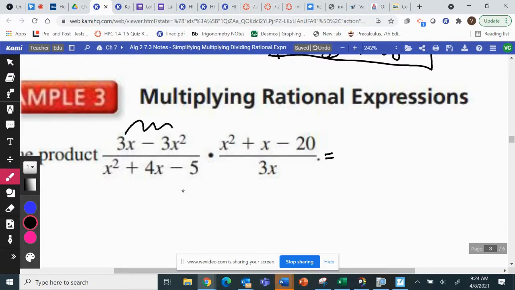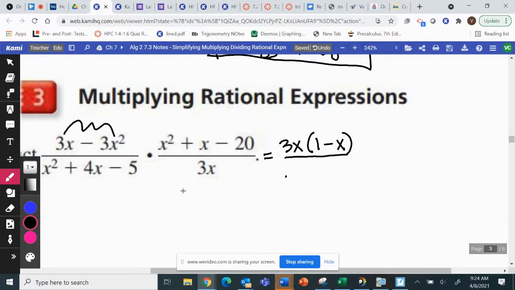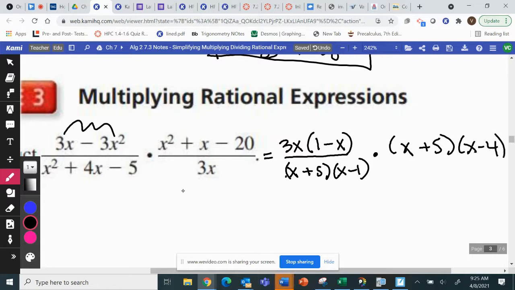Let's see, on this first one here, we've got 3x comes out times 1 minus x over x plus 5, times x minus 1, and then x plus 5 over 3x.